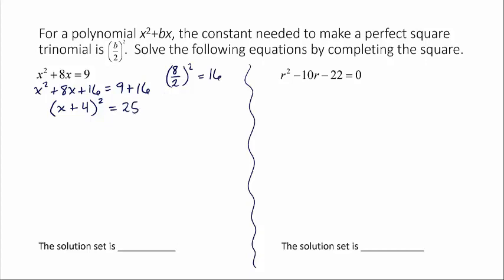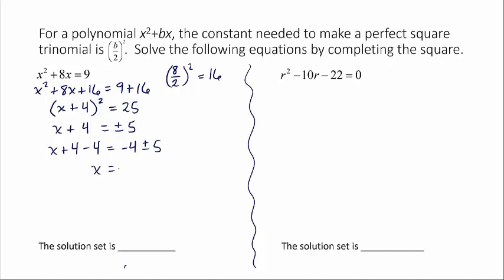Okay. So now we're positioned well to use the square root property to solve this. In taking the square root of both sides, I'm going to have x plus 4 equal to plus or minus 5, right? The square root of 25 is 5. Now I have to subtract 4 from both sides, so I'm going to have x plus 4 minus 4 equal to negative 4 plus or minus 5.